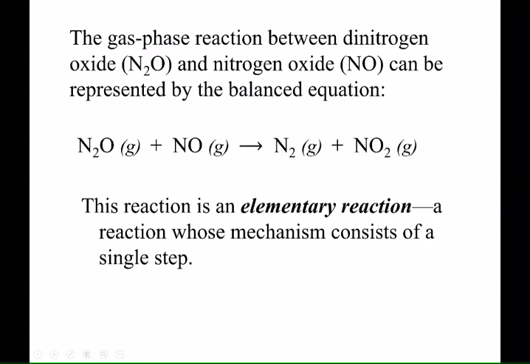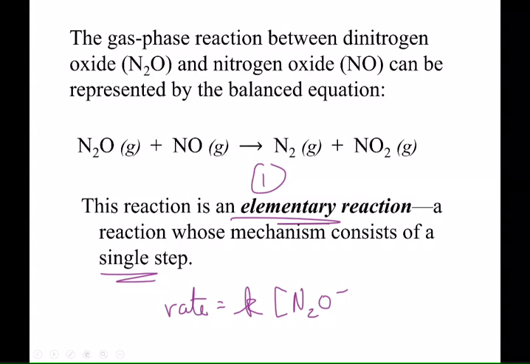If there's only one single step, we use molecularity like this. Rate is equal to the rate law constant K times N2O. So what's the reaction order of N2O? 1. Molar concentration of NO raised to its reaction order, which would also be 1. Okay, so don't count on that though. Okay?